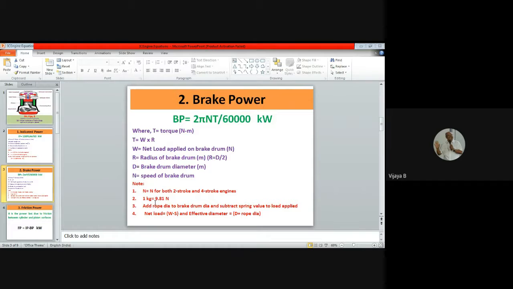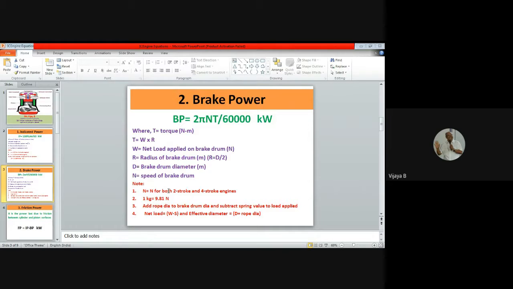And if the load applied is given in terms of kg, it should be multiplied by 9.81 to get Newton. And in case the problem statement gives data pertaining to rope diameter, then it should be added for effective diameter, that is brake drum diameter plus rope diameter.